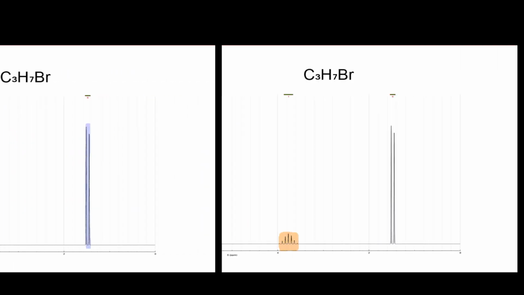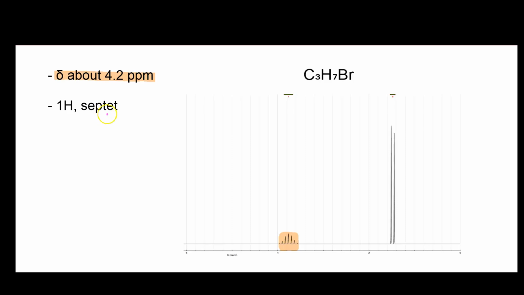The 1-hydrogen signal is a septet. A septet means 7 lines, or multiplicity equals 7. So the proton responsible for this signal has 6 equivalent neighboring hydrogens. This fits a central CH proton next to 2 equivalent CH₃ groups.